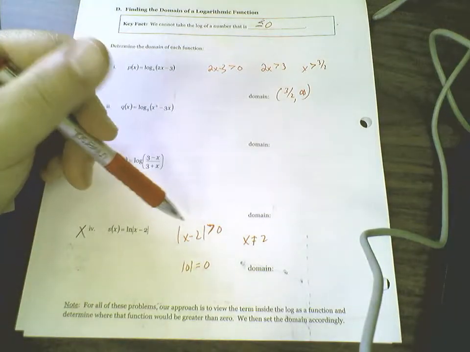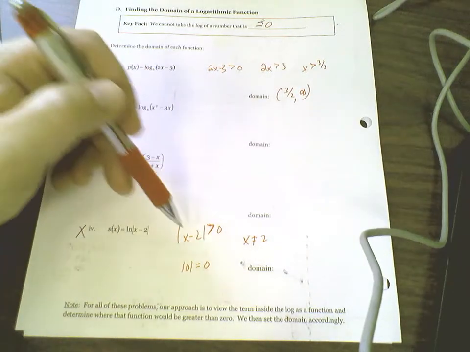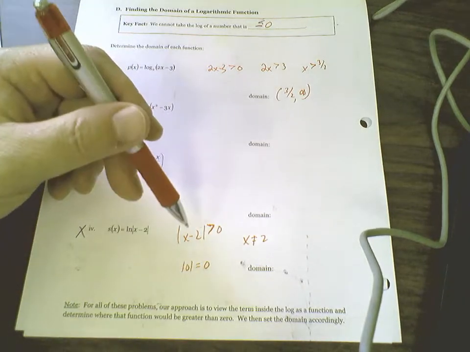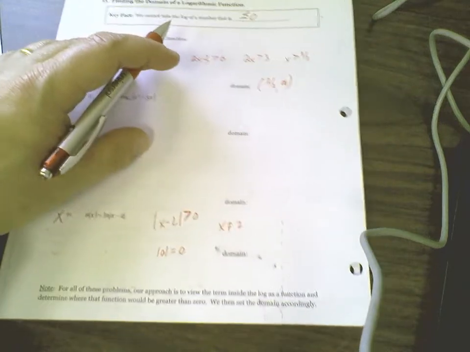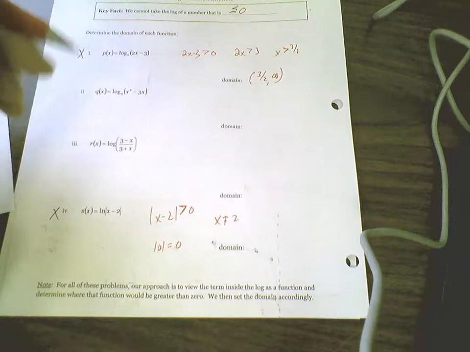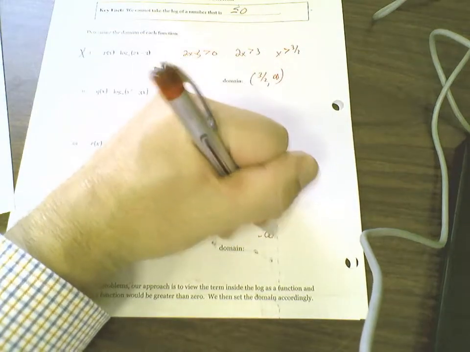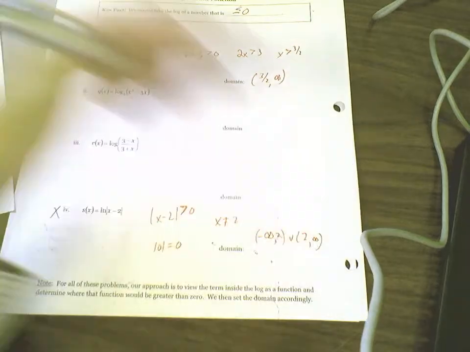A value less, fine, it'll become a negative number that'll turn into a positive. If it's bigger than 2, so what? We'll have a positive number. It'll stay positive and be bigger than 0. So the only value that we can't have is x equal to 2. How do we write x not equal to 2 in interval notation? Negative infinity to 2, union 2 to infinity.